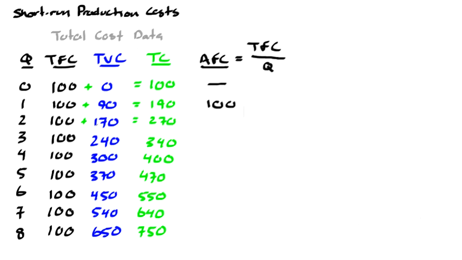For 2 chairs, the total fixed cost is 100, so now divided by 2, our average fixed cost is now 50. And then the third chair is 33.3, repeating, and we just continue down the line. And that gives us our average fixed cost.